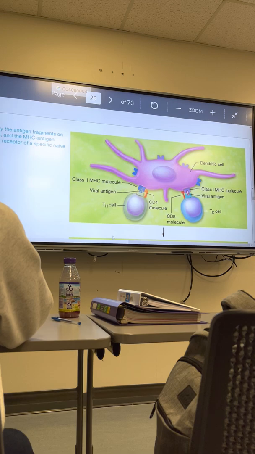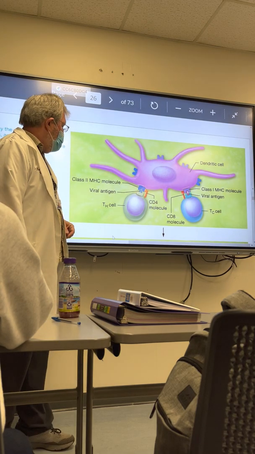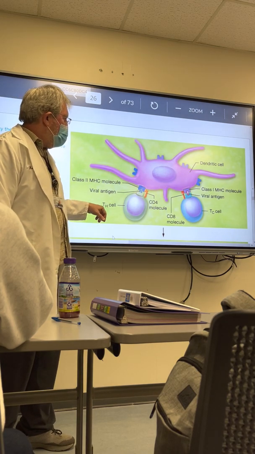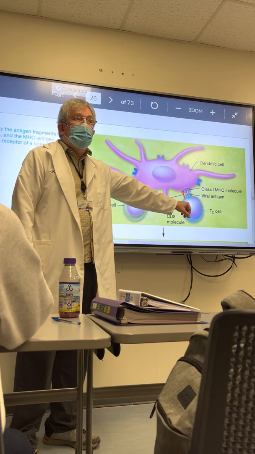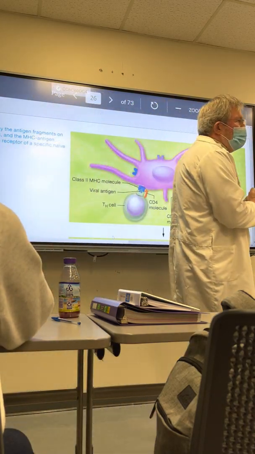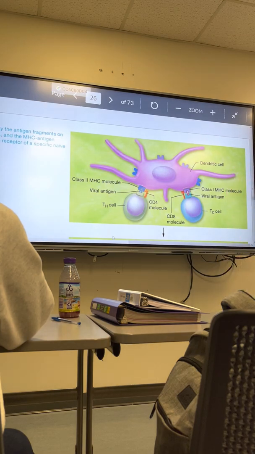We're going to go back through this, but there's a reason I'm going to focus on this picture, because it highlights two very important things: the difference between the way that we can activate a helper T cell and the way that we can activate a cytotoxic T cell. Do both of these types of T cells develop immunocompetence in the thymus?